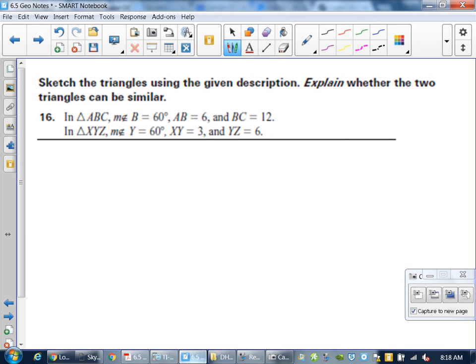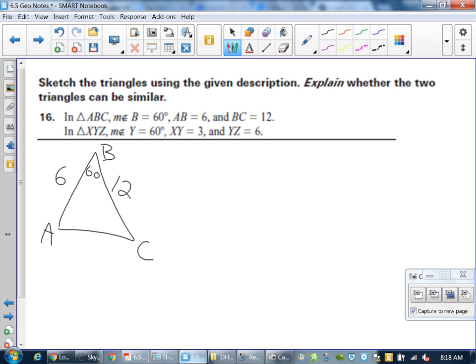They say that triangle ABC has B at 60, segment AB is 6, BC is 12. So make a visual of what that looks like. You start sketching it because they want you to tell whether or not these 2 are similar. So 60 there, AB is 6, and BC is 12.